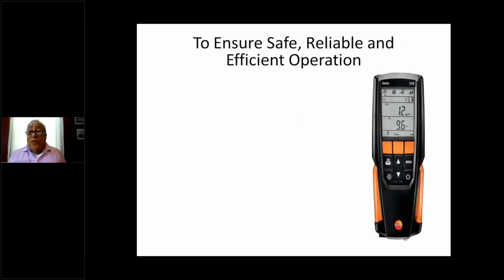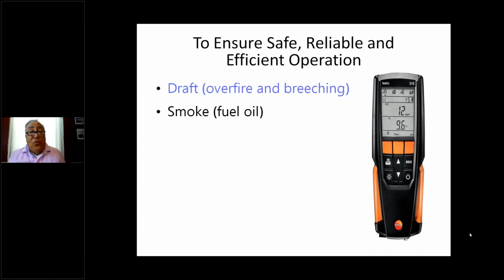So here is again back to our analyzers. What we need to do is check our draft, our breaching and over the fire. We need to check for smoke, and that's with fuel oil. If we do testing heating oil, we want to look for smoke or no smoke. Zero smoke is our goal.